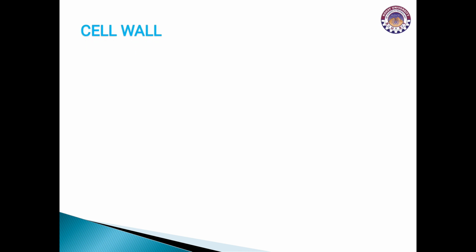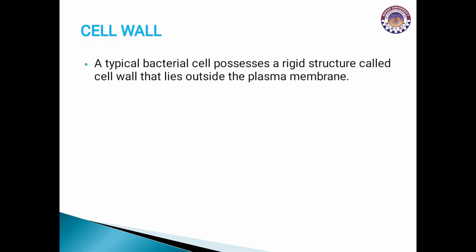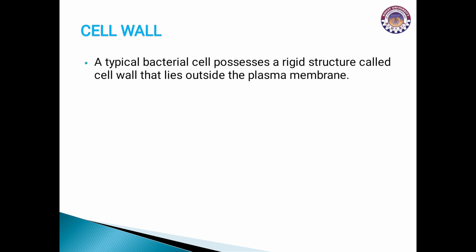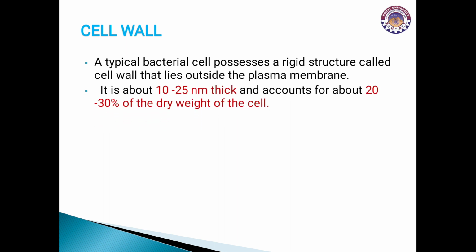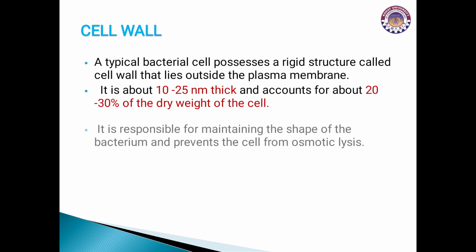Now, what is the cell wall? A typical bacterial cell possesses a rigid structure called the cell wall that lies mostly outside the plasma membrane. It is about 10 to 20 nanometer thick and 20 to 30% of the dry weight of the cell.